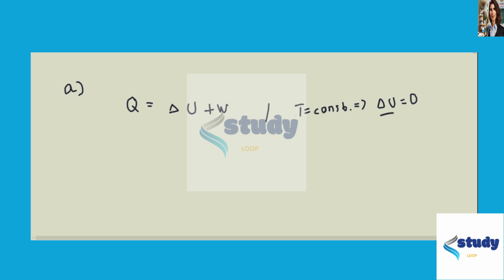So we know for the isothermal process that delta U will be zero. Therefore, from the first law of thermodynamics, we know that Q equals W. And since we know the amount of W, here Q equals 300 joules. And this is for part A.